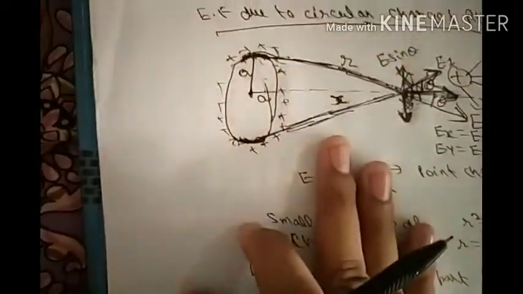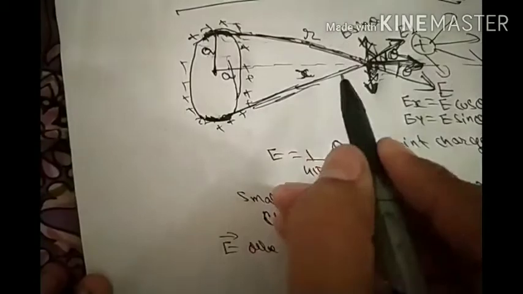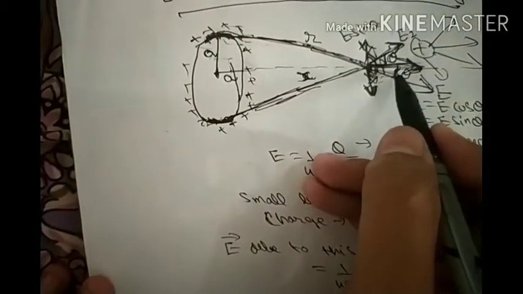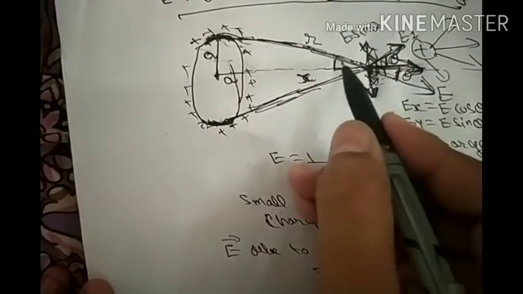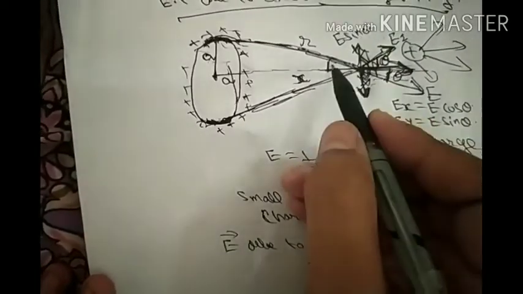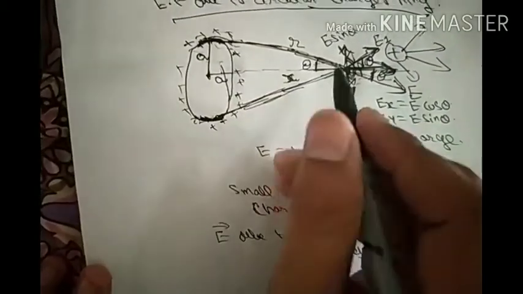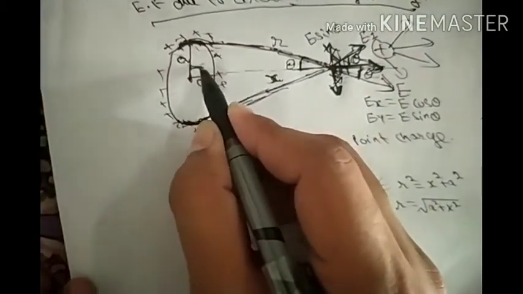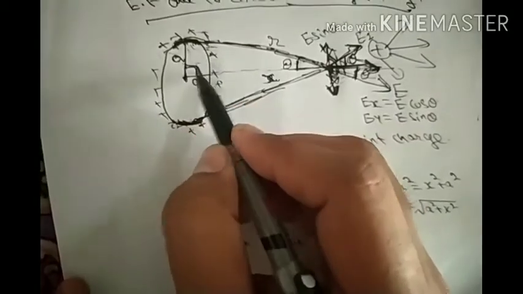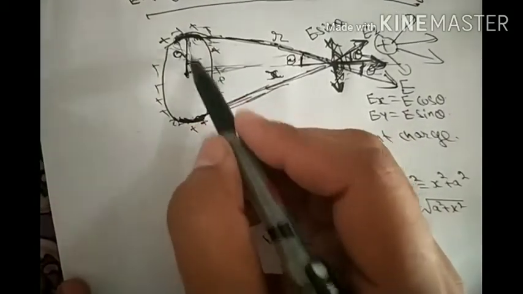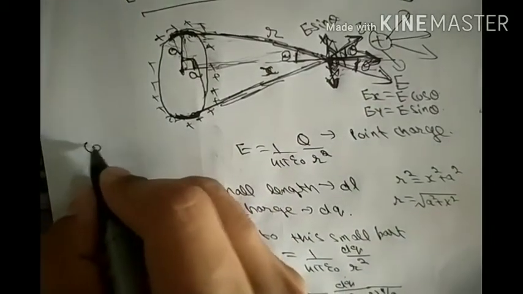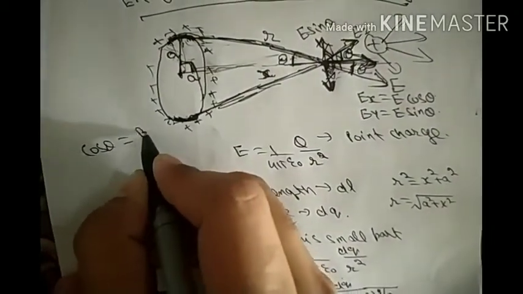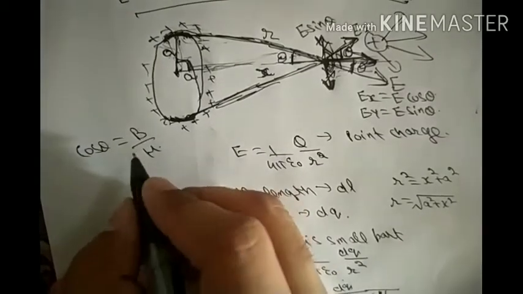So we can go back to this diagram, and you can see if this angle is theta and this angle is the vertical opposite angle, then this angle is also theta, and this angle is 90 degree. So this is our base, this is our perpendicular and this is our hypotenuse. We know cos theta is equal to b by h, base by hypotenuse.